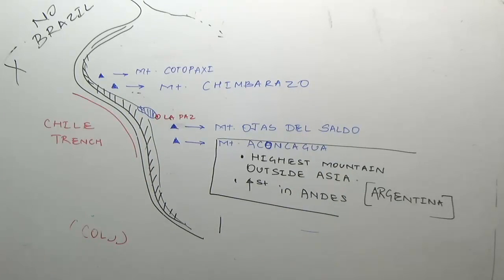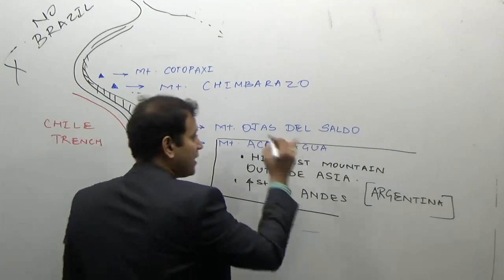Then Ojos del Salado, the Mount Ojos. It is a volcanic mountain located near the Atacama Desert.